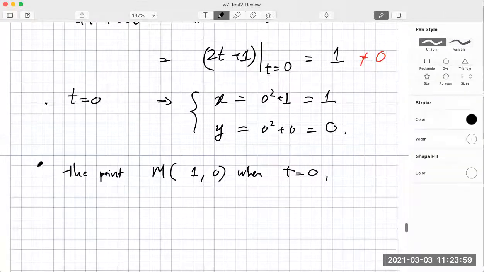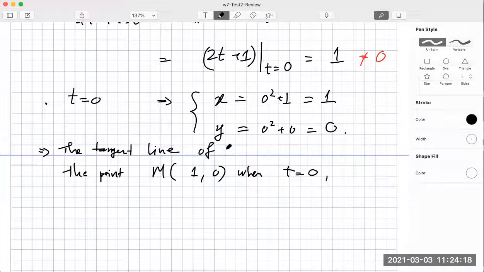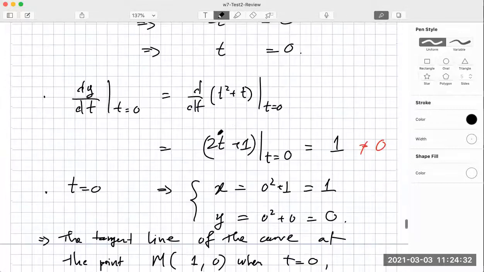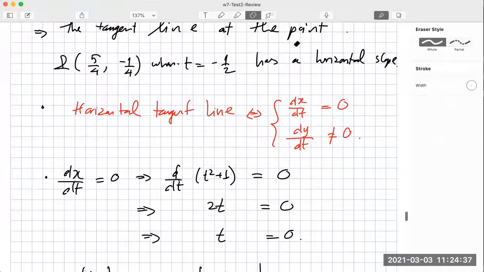the tangent line at this point, the tangent line of the curve at this point, M, when t is equal to 0, has a horizontal, oh, I mean vertical, sorry.